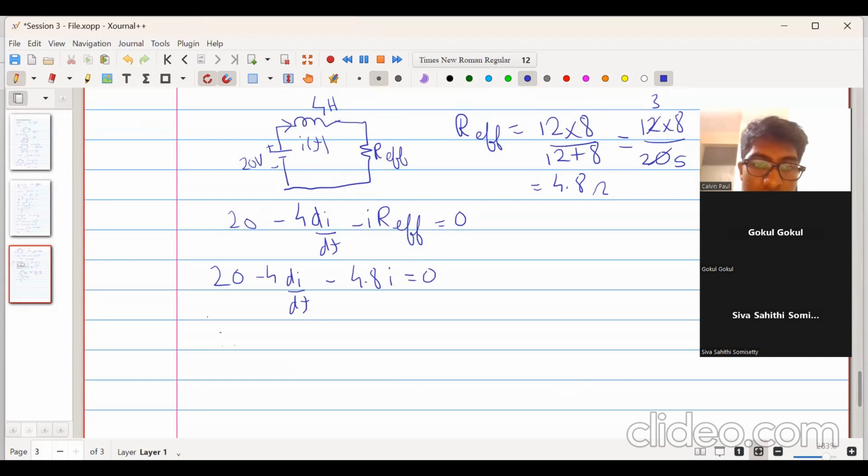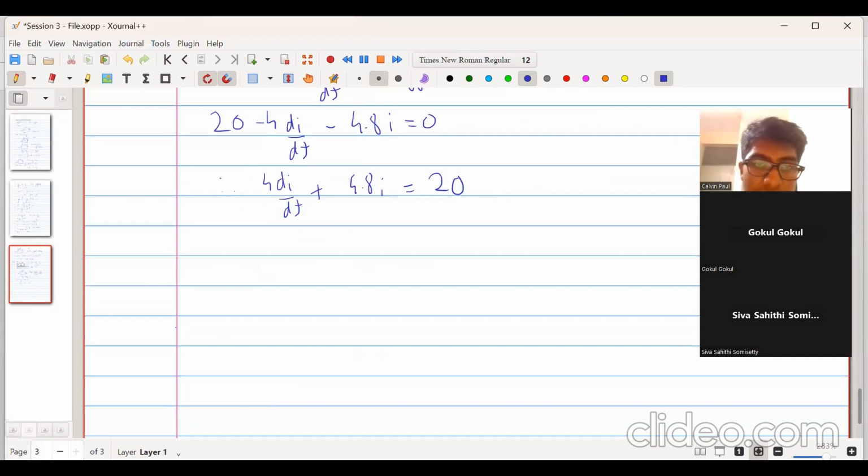Therefore, 4 di by dt plus 4.8 I is equal to 20. Further simplifying, di upon dt plus 1.2 I is equal to 5. Any doubt till here? No, sir.